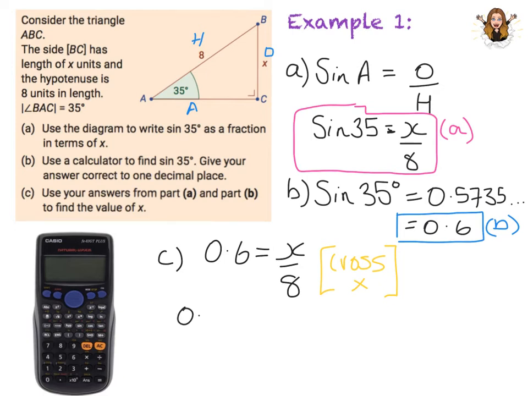So 0.6 times 8 equals x. Well, if I multiply using my calculator 0.6 by 8, I will get x. And x in this scenario, when I multiply them, is 4.8. So the length of the side x is 4.8.